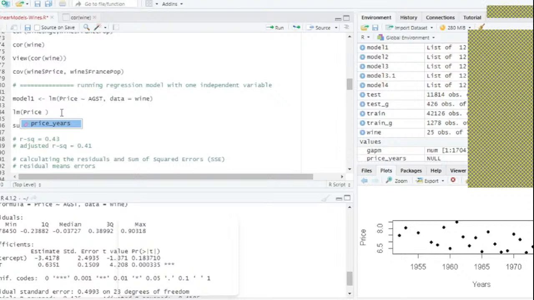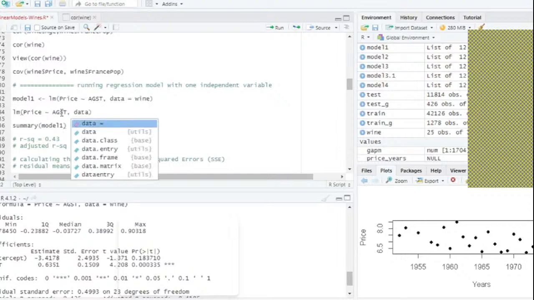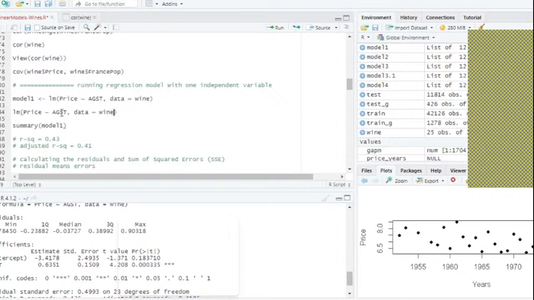Linear model means regression model. So linear regression we created using the LM command. Angela, price, which is my y variable, tilde. Right now I am only using one variable AGST, and I mentioned data equal to wine. Is that clear, Angela? Any query in it? Any further doubt?